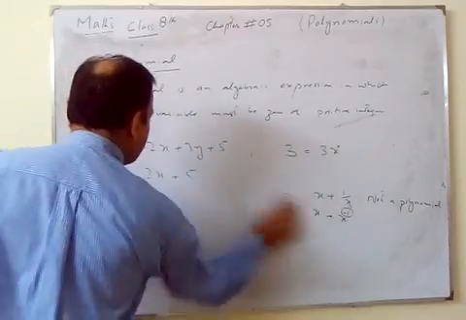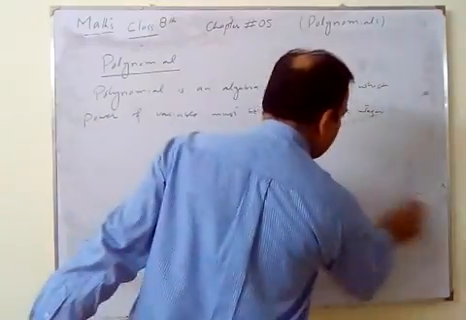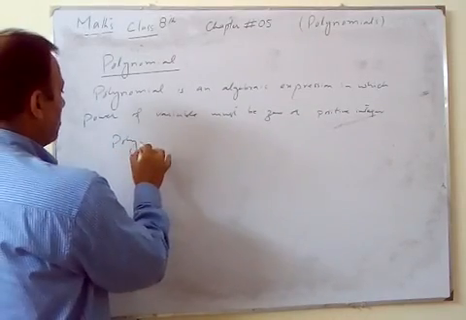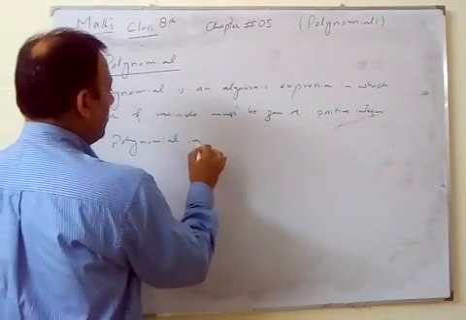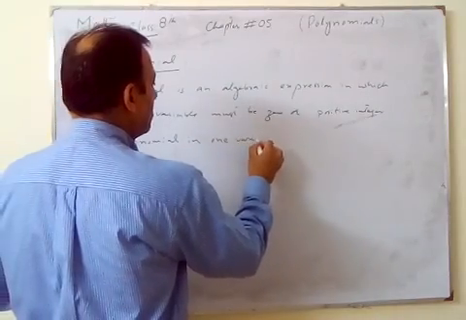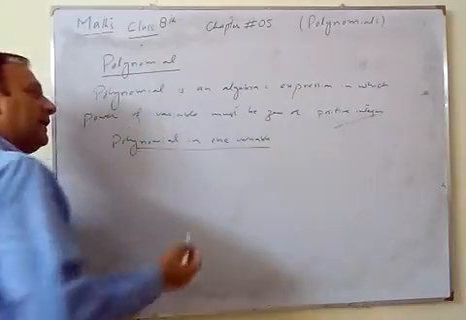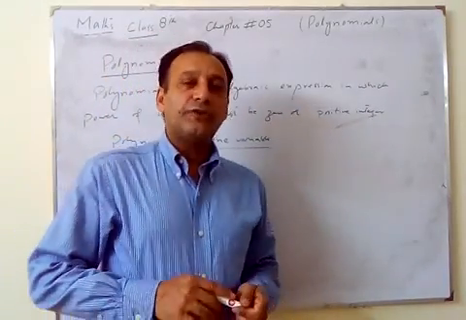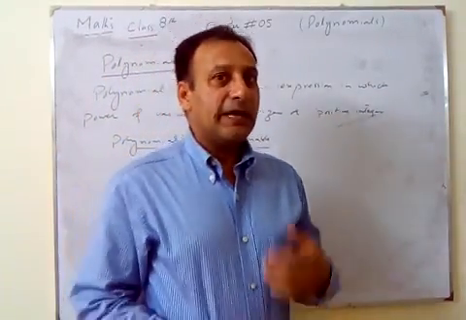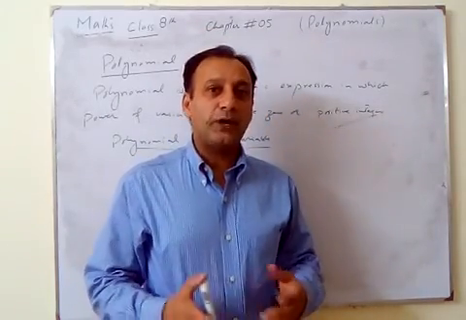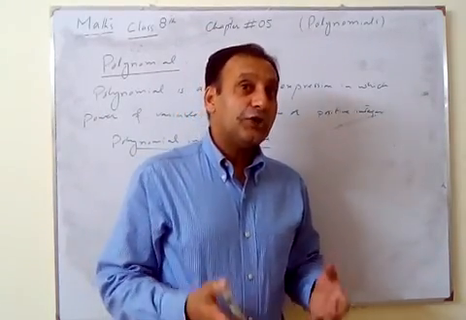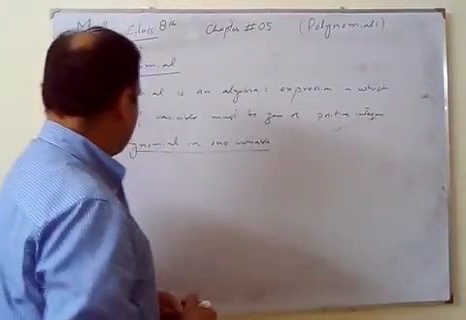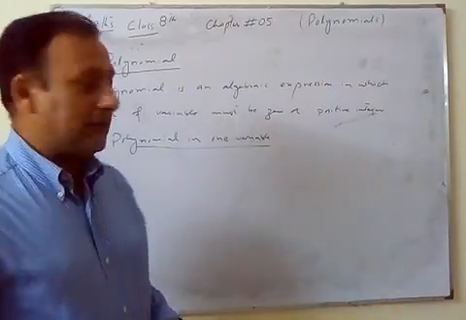So likewise, a simple polynomial in one variable, or a polynomial in two variables. If one variable is involved, we say polynomial in one variable. If there are two variables, we say polynomial in two variables. Likewise, linear polynomial, quadratic polynomial.